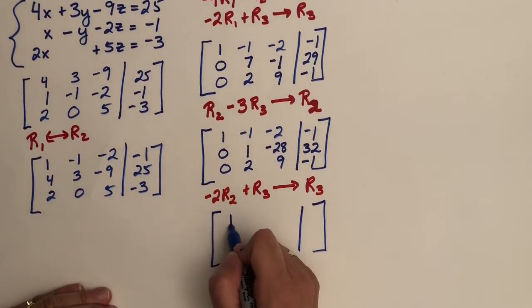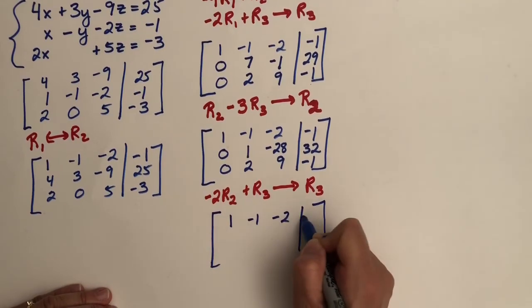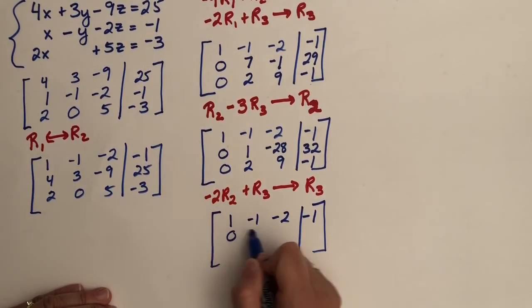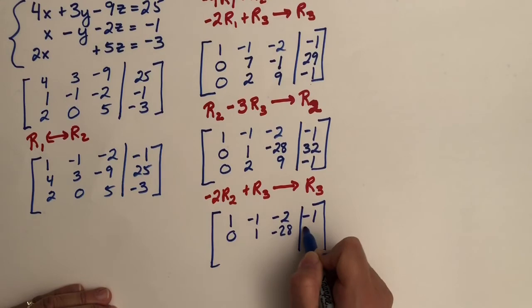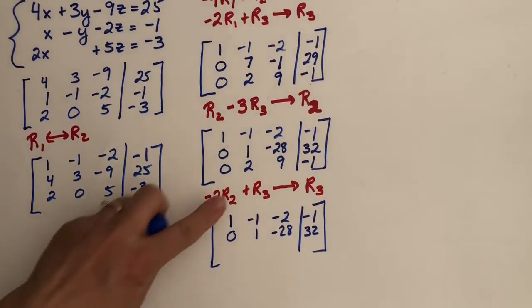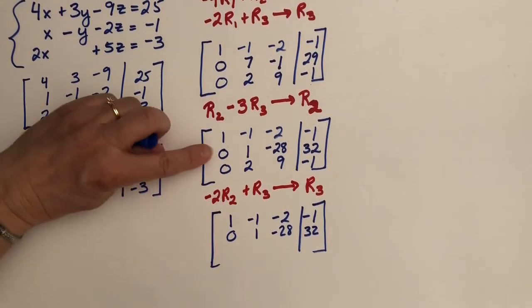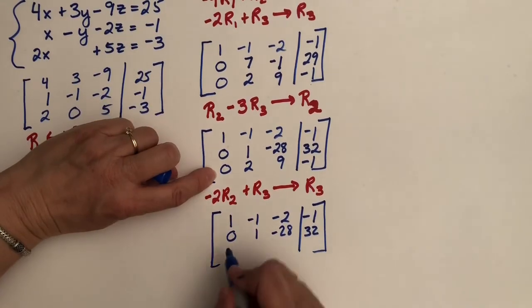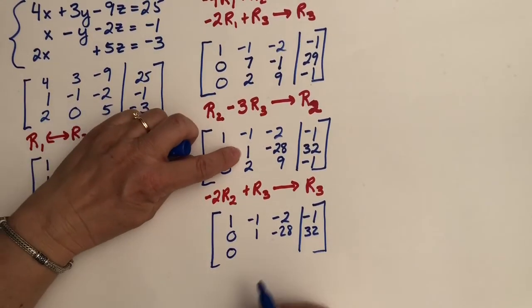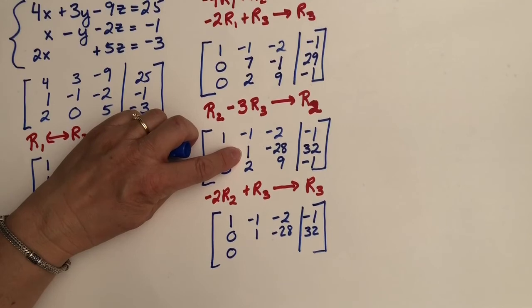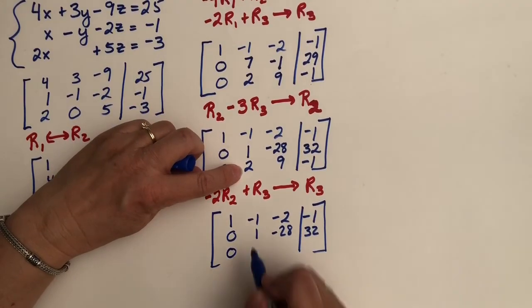So leave row 1 unchanged. Leave row 2 unchanged. And I'm getting a 0 right here. So here we go. Negative 2 times 0 plus 0 is 0. Negative 2 times 1 is negative 2. Plus 2 is 0.